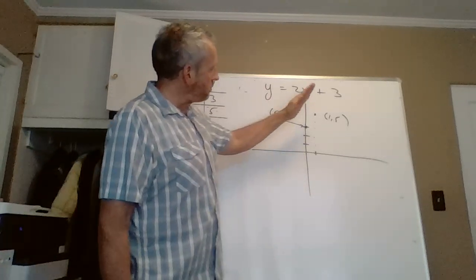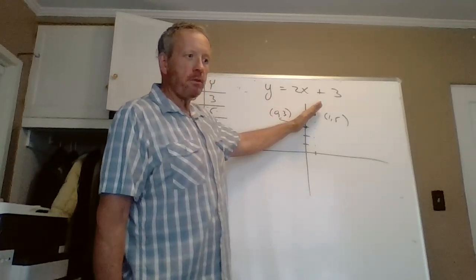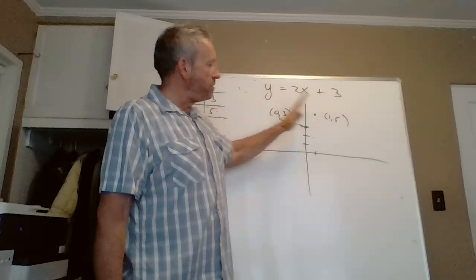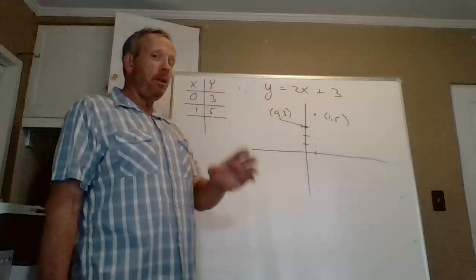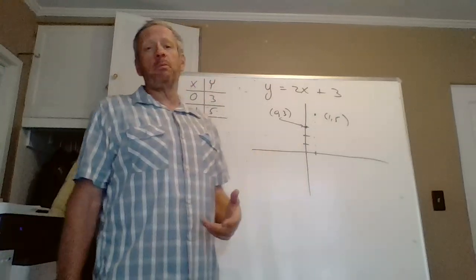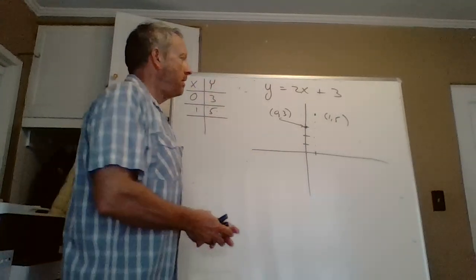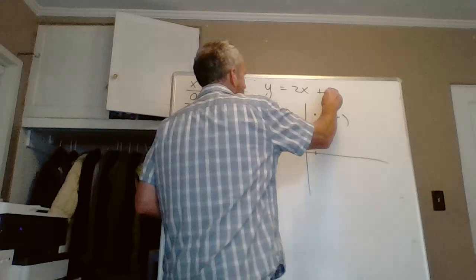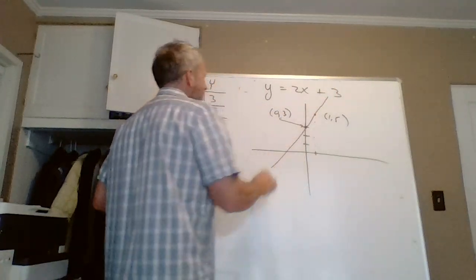Once you have 2 points, there's only one straight line that can go between them. So this is really all I need to plot. This is a sufficient number of points to plot so that I can graph this line. And it would look like this.